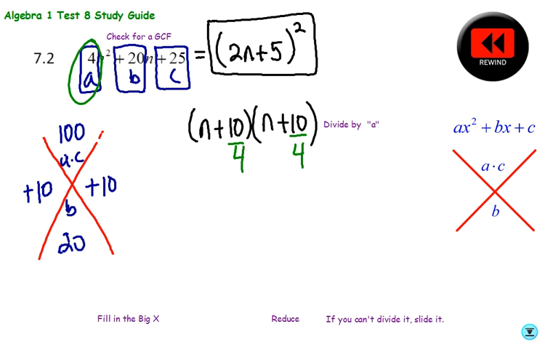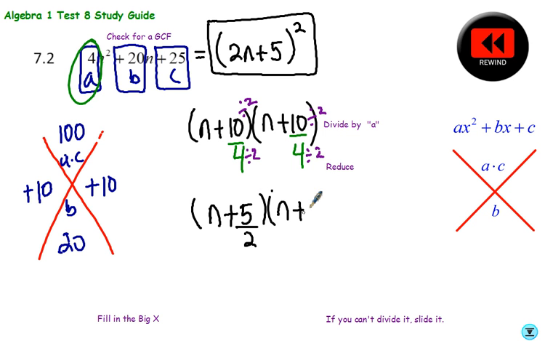I can't divide it evenly, so what I am going to do is reduce. Let's divide top and bottom by 2. Again, because they're the same numbers, we're going to be dividing by the same amount. 10 divided by 2 gives you 5. So n plus 5 over 2 and n plus 5 over 2. So can't divide it evenly, can't reduce it any further.